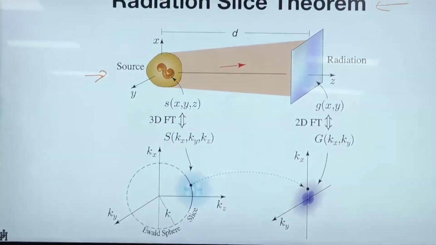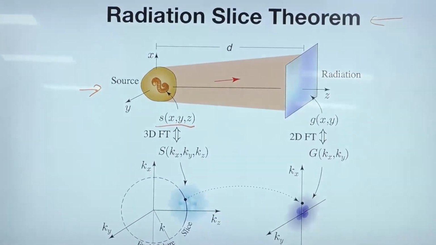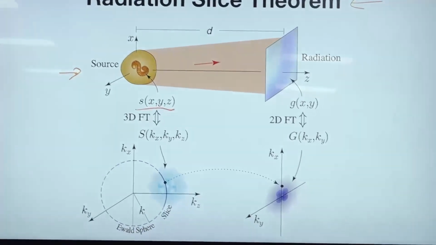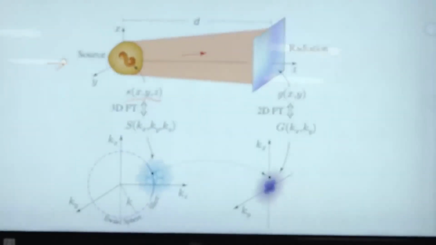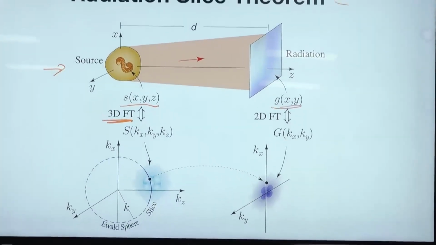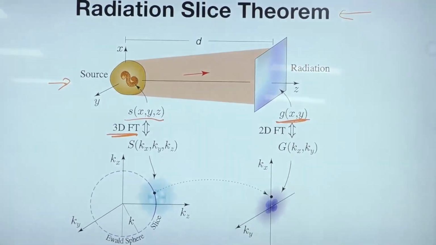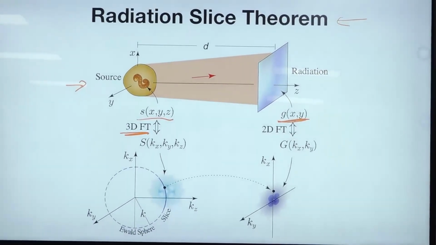So this is S of x comma y comma z, right? Those are the distribution of sources inside the object. Take the three-dimensional Fourier transform of this, and now you have collected data which is an image, two-dimensional, like a plane.